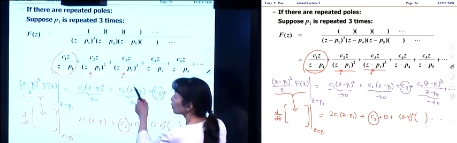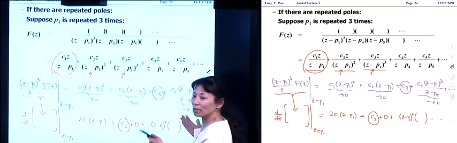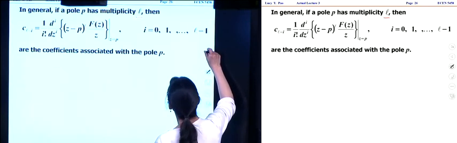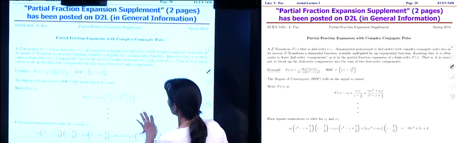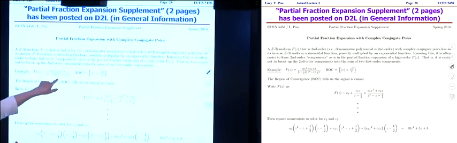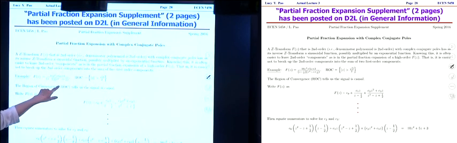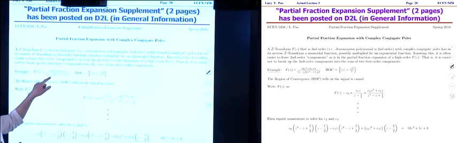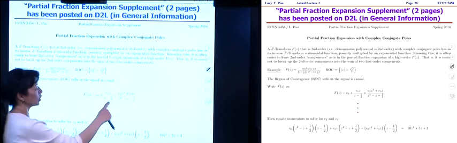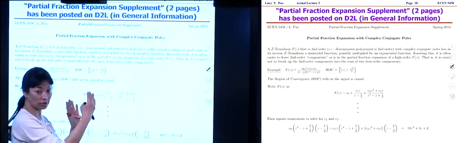And so sometimes people don't want to deal with complex numbers in their expansion, so I put a supplement on the D2L site. If you have a second order factor in the denominator that corresponds with two complex conjugate poles, you might want to expand it where you leave it as a second order factor.